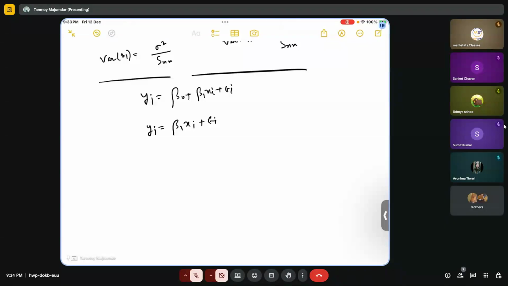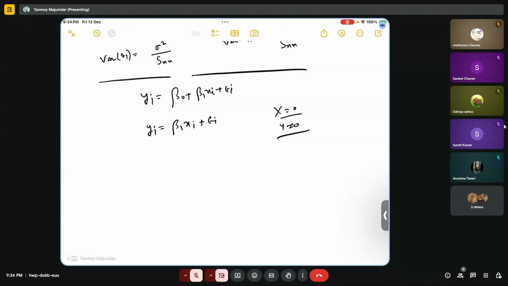For example, when we analyze the relationship between the velocity of a car and the acceleration, velocity depends on the acceleration, and when acceleration is zero, then velocity is zero. So when acceleration, that is x, is zero, then y is also zero. There is no intercept term. So this is called the no intercept model, or no intercept regression model.